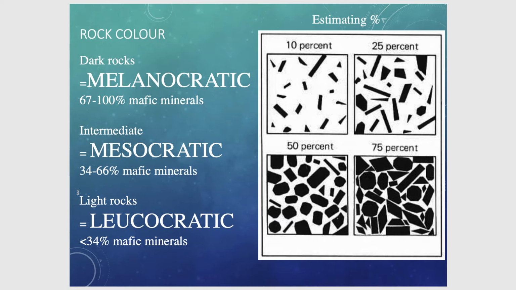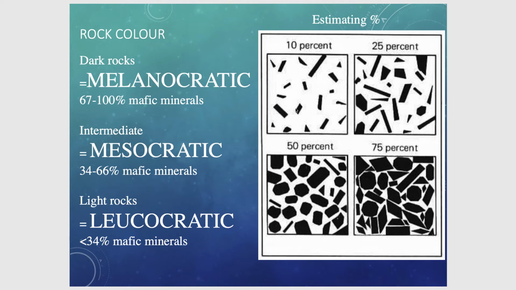You have here a definition which is based on the estimation of the percentage. So quite often a geologist will look at a rock and use some eyeballing to estimate the percentage. Of course, during the oral examination, you are allowed to use this chart, or I will tell you roughly the estimate of the percentages, or you might guess the percentage and we might have a conversation about that.